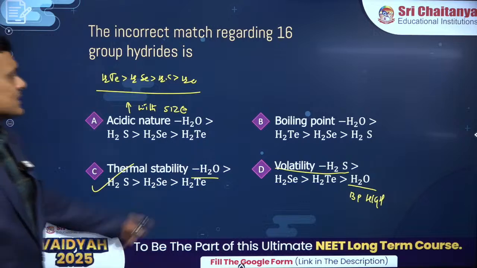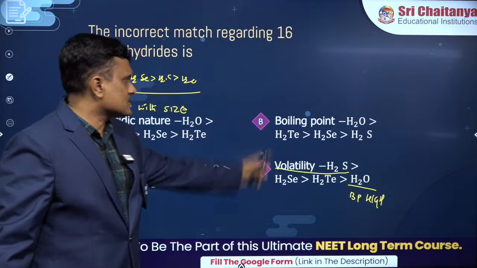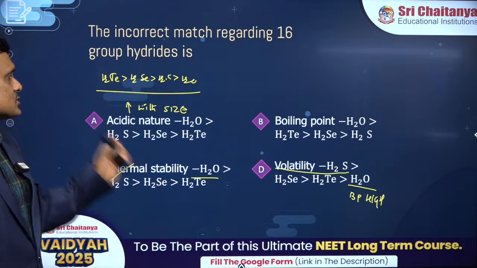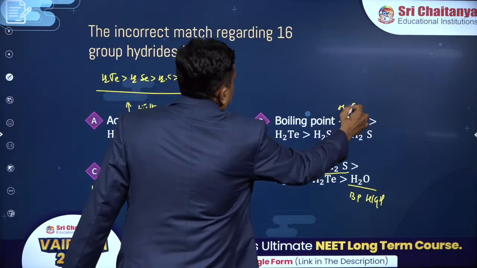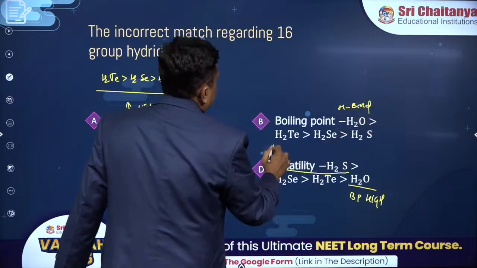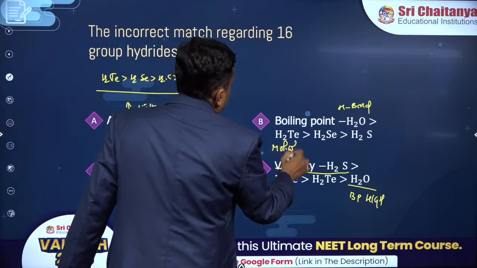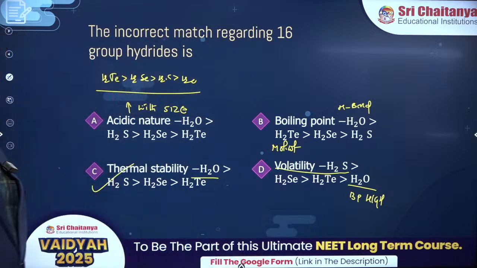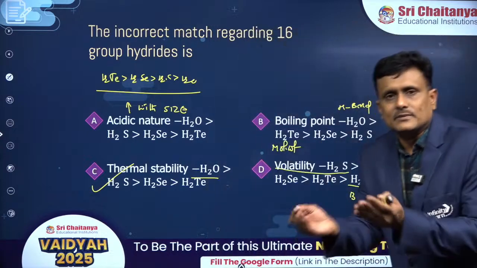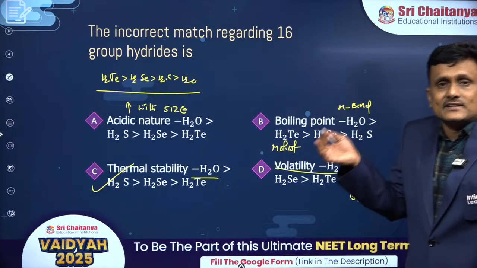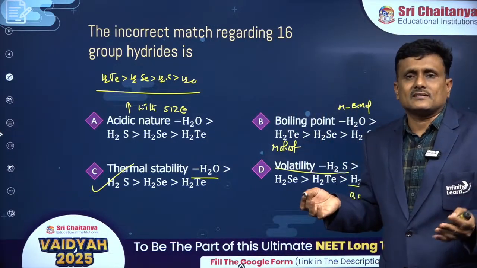Boiling point and volatility are inversely proportional. Boiling point of H2O is greater because of hydrogen bonding. And after that, what comes into the picture is molecular weight. Whichever has more molecular weight is less volatile. Volatile means getting evaporated. If the weight is more, it cannot get evaporated.